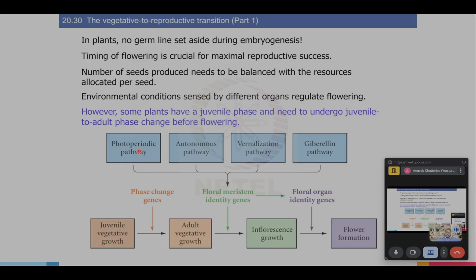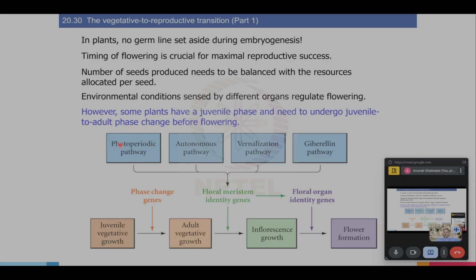One of them is the photoperiodic pathway. Obviously we see most flowers in the springtime, because that is the optimum time when flowers can be made, and then fertilization of flowers from different pollens begins.